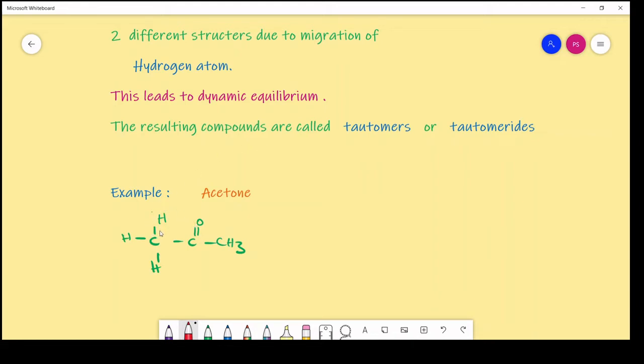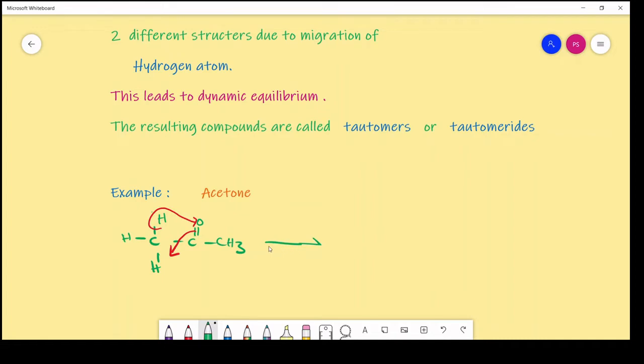See here, the hydrogen atom is shifting from carbon to oxygen. Why? Oxygen is a more electronegative atom, so it attracts the hydrogen atom towards itself. In order to maintain the bonds, the pi bond electrons shift from here to here, so the resulting structure is like this.